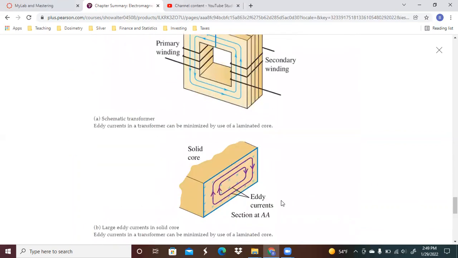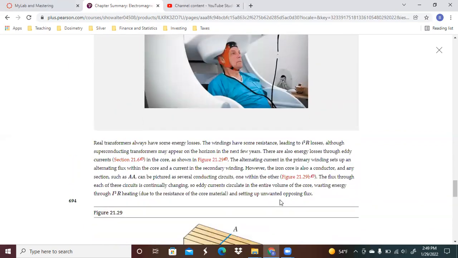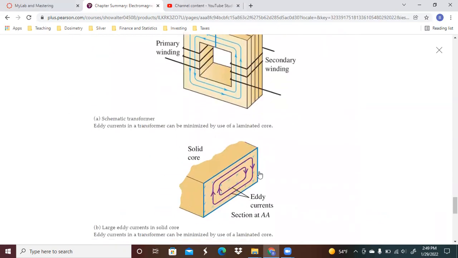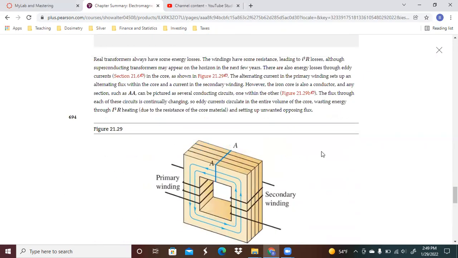Now, real transformers are going to have some sort of energy loss. The windings are going to have resistance, although superconducting transformers may negate that. There's also energy loss through eddy currents, which is kind of what you're seeing here in the core. The alternating current in the primary winding sets up an alternating flux within the core and a current in the secondary winding.